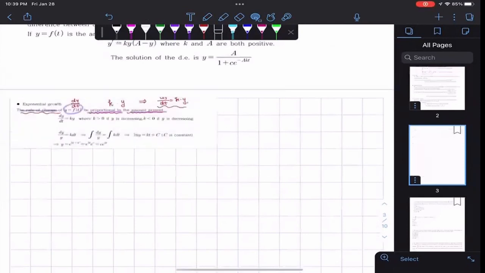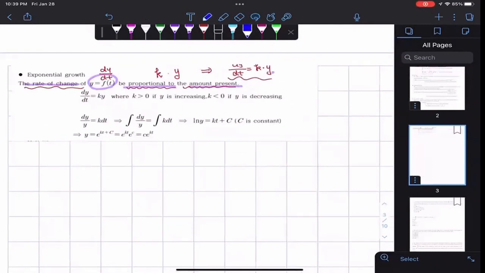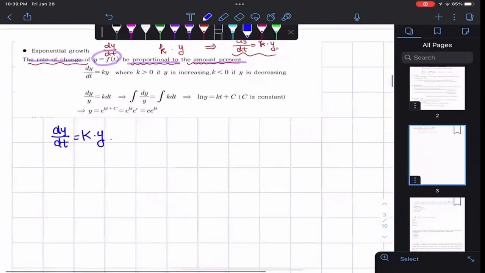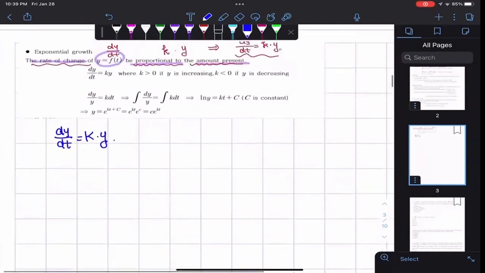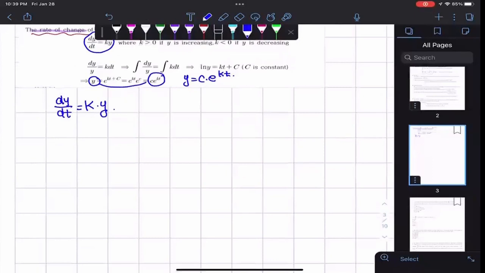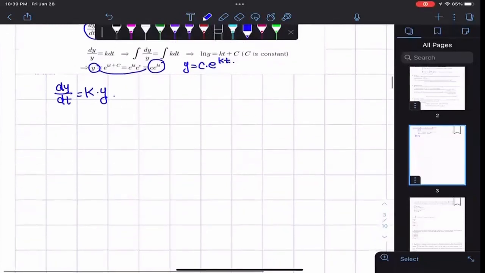Let's prove this process. dy over dt equals k times y. This is my starting point. This is my goal: y equals c times e to the power of k times t. So the tool is the separable method.